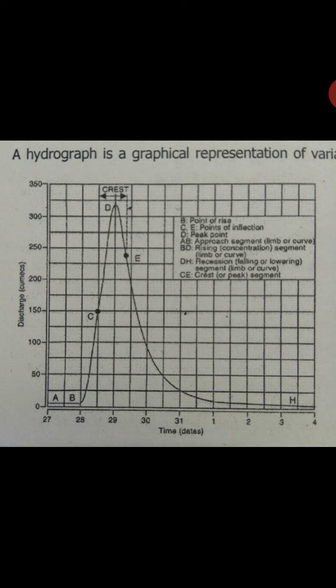So the second main factor affecting flood hydrograph is climatic factors, like storm characteristics. Second is initial loss, and the third one is evapotranspiration.